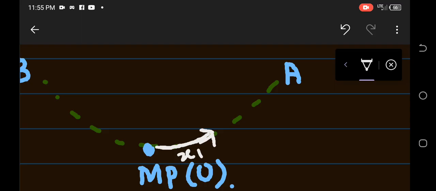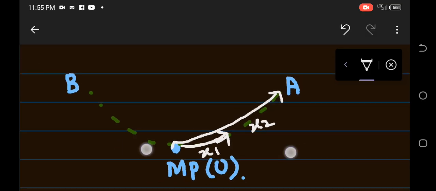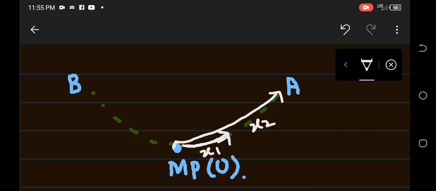If in another pendulum I want to perform the displacement from mean to complete extreme, this would be x2, meaning another displacement.